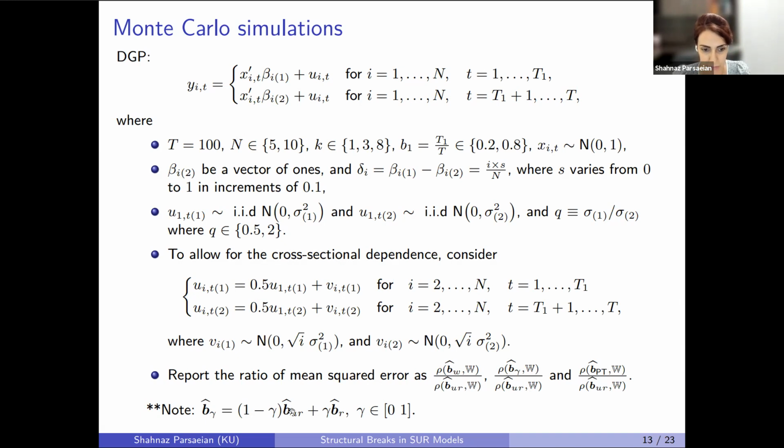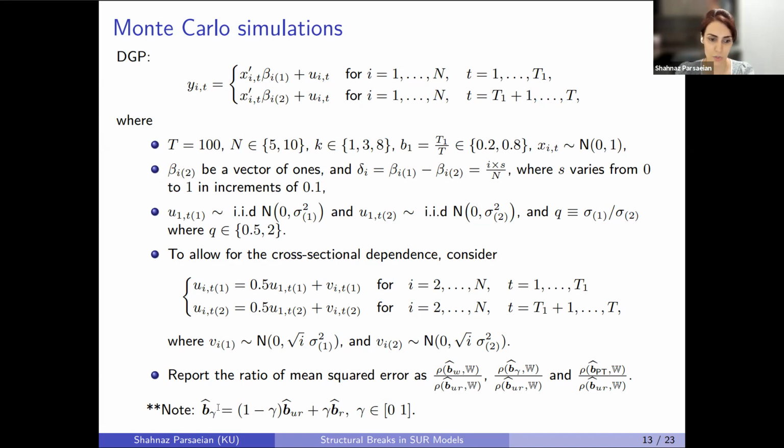Basically this estimator is combining the unrestricted estimator with the restricted estimator with a weight gamma between 0 and 1. I have the theory, everything in the paper, but in the interest of time, I've dropped this from my presentation, but I will show you the result of that. But one thing that I noticed by deriving the risk of this estimator is that this estimator actually is in the class of the Stein estimator.